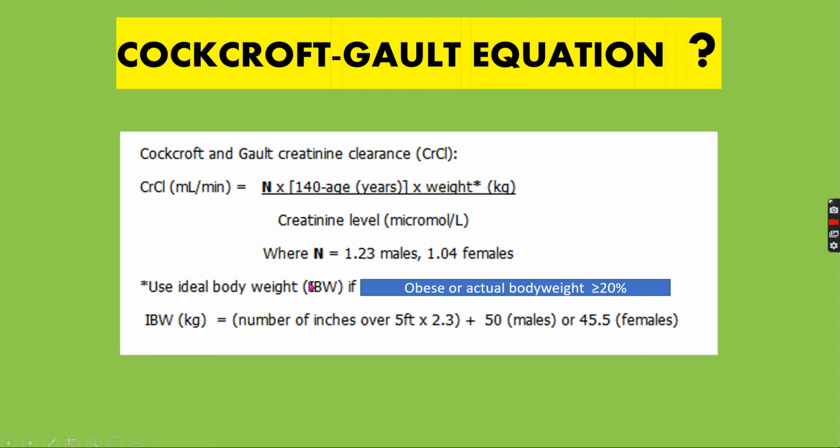The more you use this equation, the easier it'll be to remember it. Just a note here: you need to use the ideal body weight only if the patient is obese or if their actual body weight is greater than or equal to 20% of their ideal body weight. That is the only time you would use their ideal body weight instead of the actual weight here.